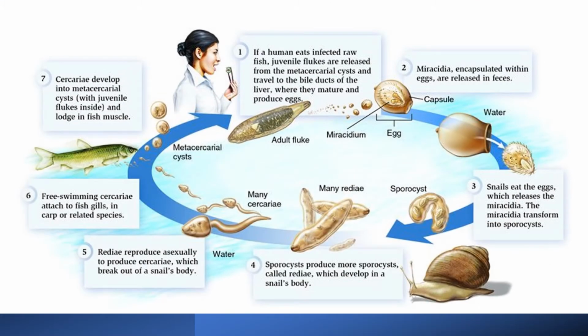So now to discuss the general life cycle of trematodes. The mode of transmission is that man acquires infection by eating aquatic plants, fishes, or crabs harboring the infective form, which is the metacercaria, or by the penetration of free-living cercariae for your schistosomes.